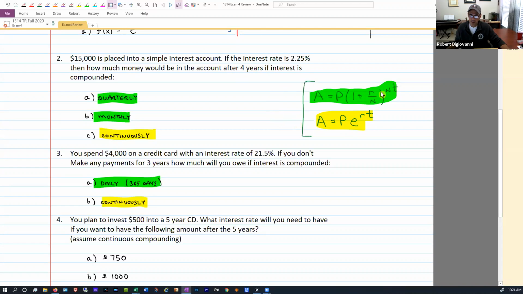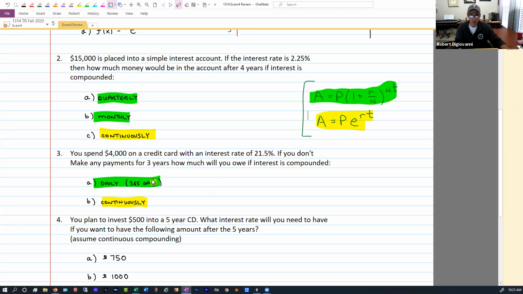And then for this green formula, the N here depends on this right here. So if it's quarterly, what would N be? 4. And if it's monthly, N would be 12, right? And for this one, if it's daily, it would be 365 that you'd put in there.